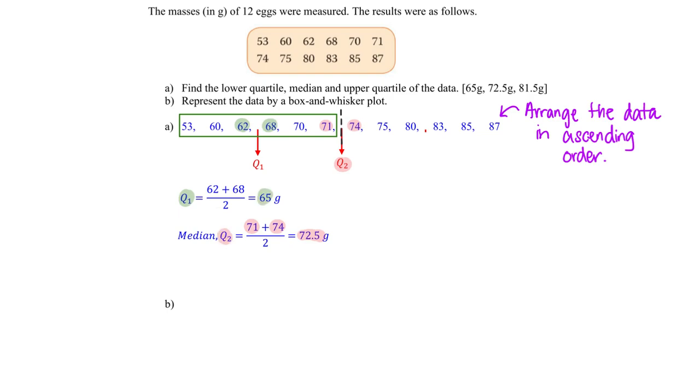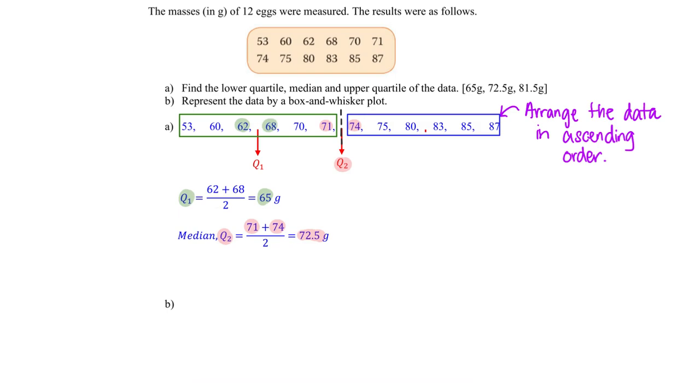Okay, I got my Q1 and Q2 already. Now it's the upper quartile, Q3. Yes, by now you should have seen that. I'm going to now focus on this part of the particular data.